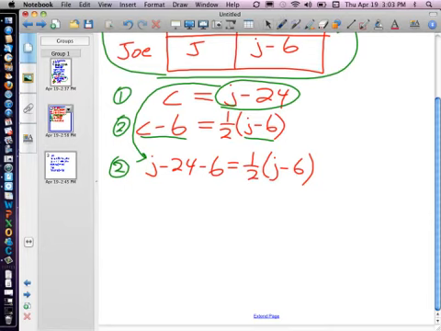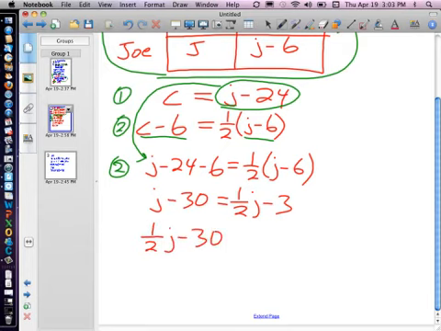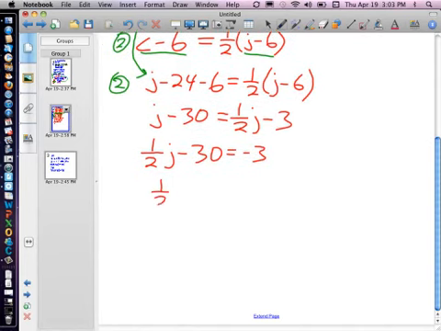Now we can solve for J. So J minus 24 minus 6 is J minus 30 equals, let's distribute this 1/2 to both terms. We have a fractional thing here, which isn't great, but let's subtract 1/2 J from both sides, leaving us with that. Let's add 30 to both sides, leaving us with 27.